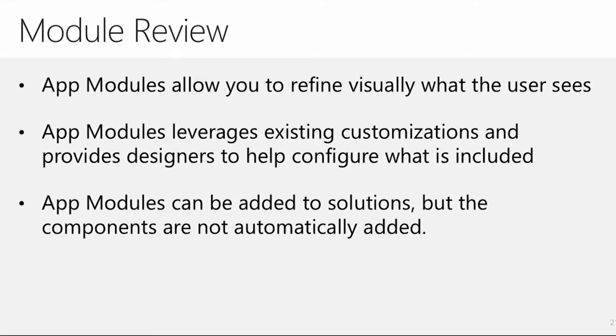The other thing that's nice about the app module is it allows you to use the existing customization. So the things like entities that you create, reports, dashboards, views, anything that you might have to create to constitute delivering that functionality is already in the system. It's just a matter of you specifying what specific application inside the system you want it to use.